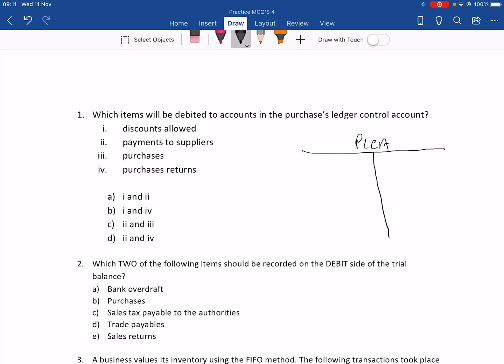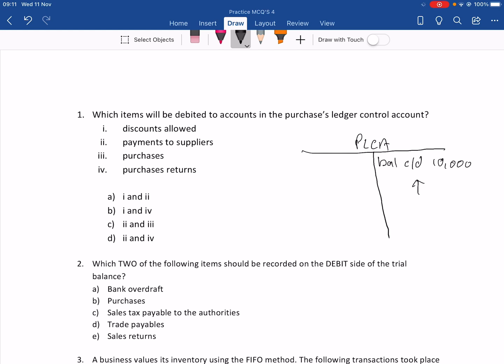Okay. It gives us the amount of money that we owe our suppliers. So for example, on the credit side, as a liability, if I've got a balance carried down of £10,000, it means that I owe my suppliers £10,000. And one of the things that we said in class is what would increase the amount of money that we owe to our suppliers.